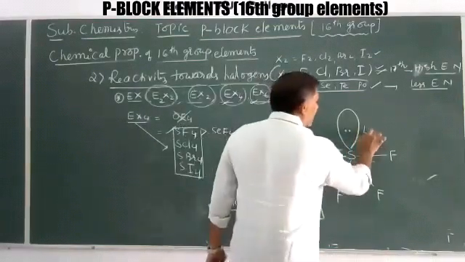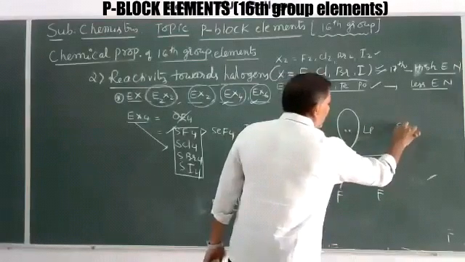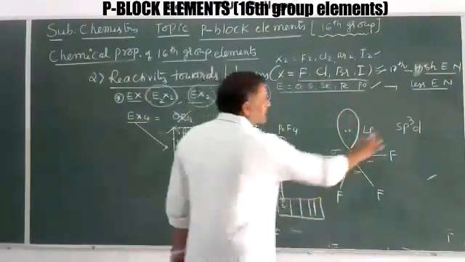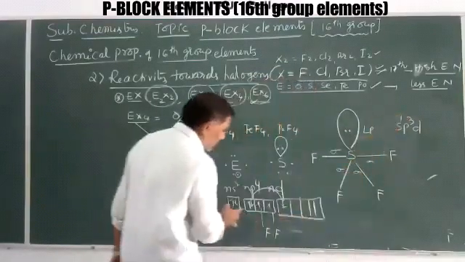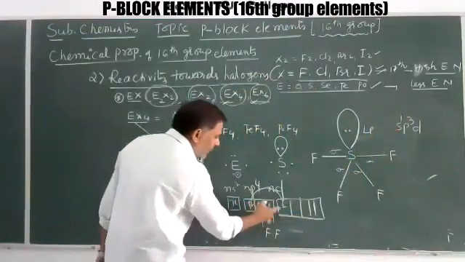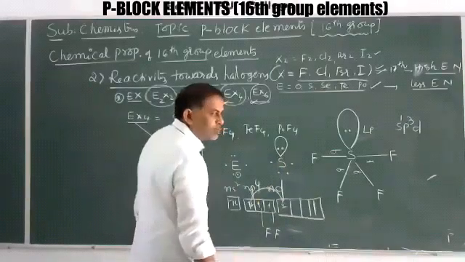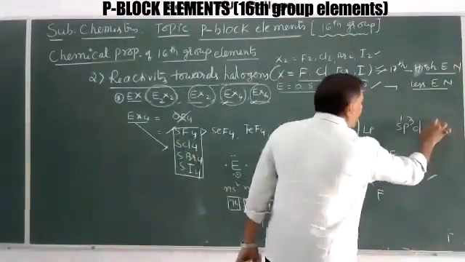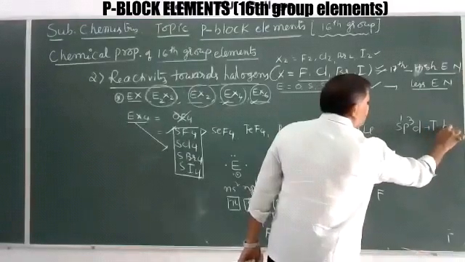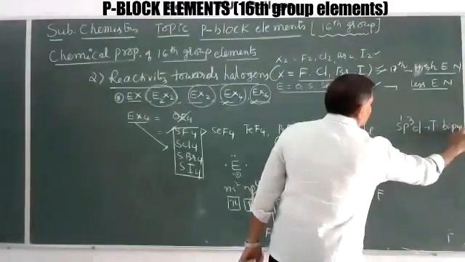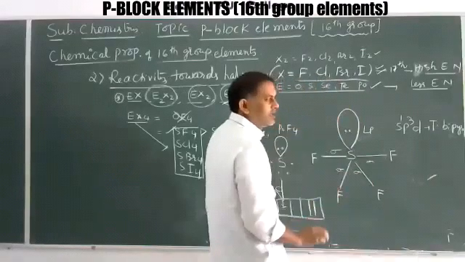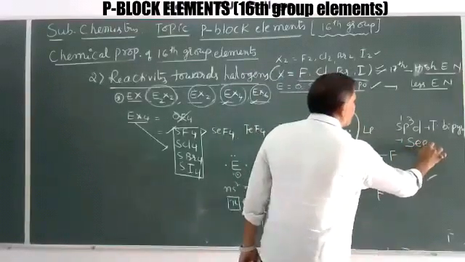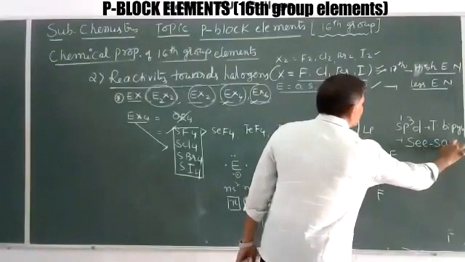Total hybridization is sp3d. In sulfur, 1 s orbital, 3 p orbitals and 1 d orbital are involved. That's why it is sp3d. It is originally a trigonal bipyramidal structure. This is also considered as a very important seesaw structure.